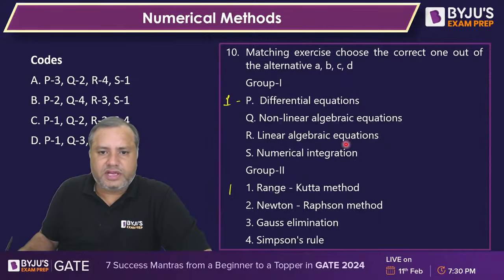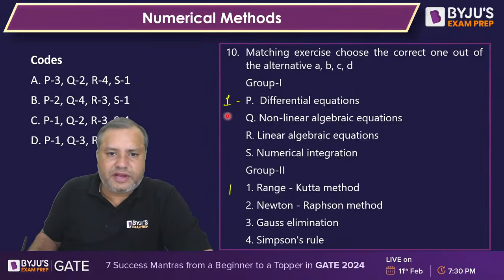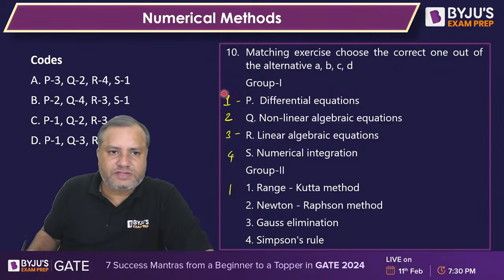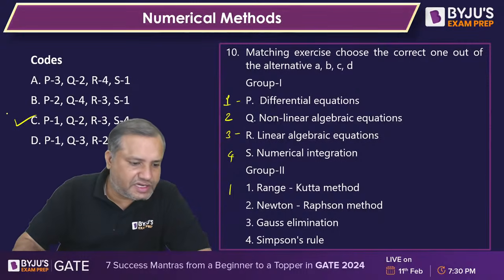For non-linear equations, Newton-Raphson method can be applied. For linear algebraic equations, go for Gauss elimination method. For numerical integration, of course, you go for Simpson's rule. So PQRS 1, 2, 3, 4, same sequence. Option C is the correct answer.